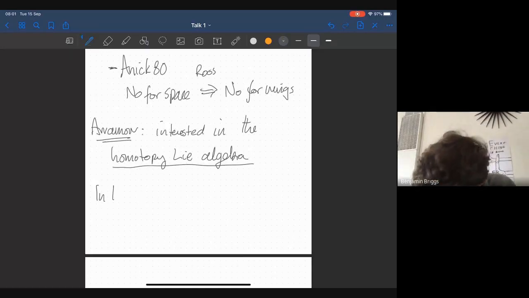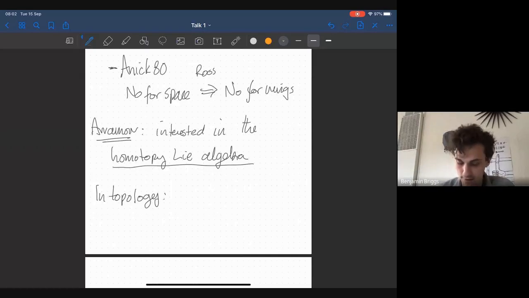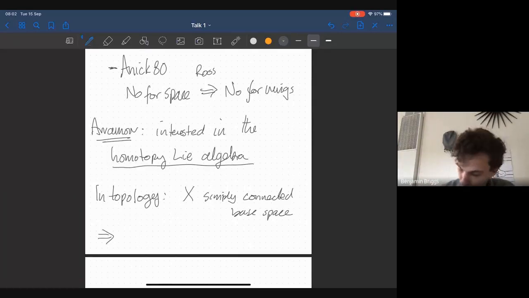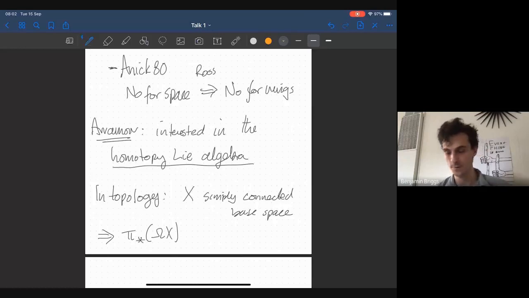So maybe I'll explain the topological side, topology, but I won't properly explain it. I'll just say where it comes from. First, if X is, say, a simply connected based space, then one can build from that a Lie algebra by taking the loop space of X and then taking all of the homotopy groups. And it turns out that assembles into a graded Lie algebra over the integers.